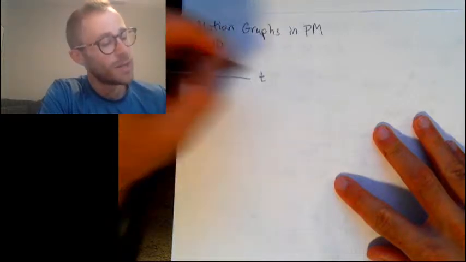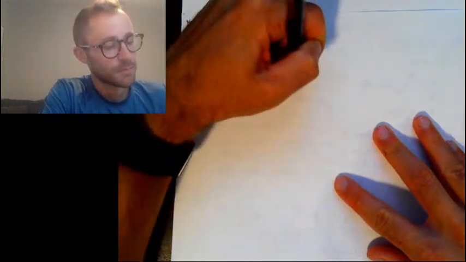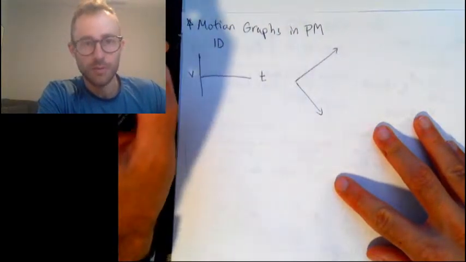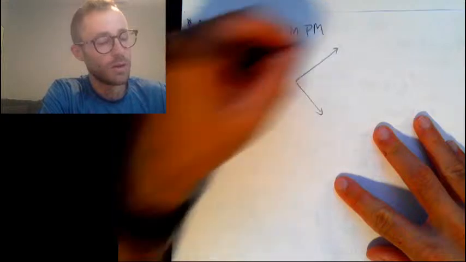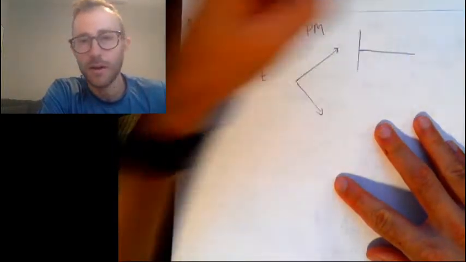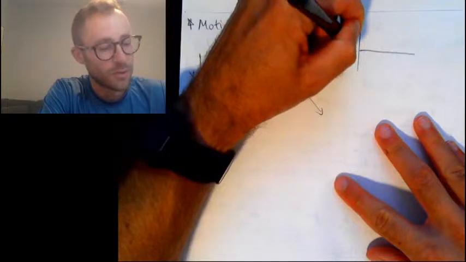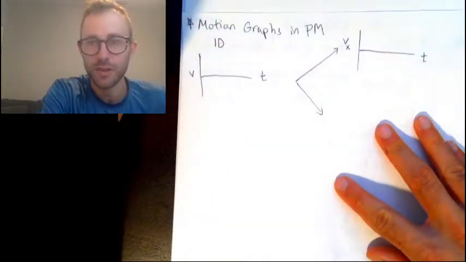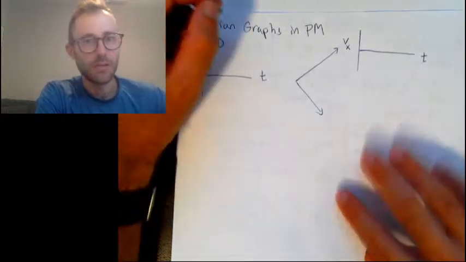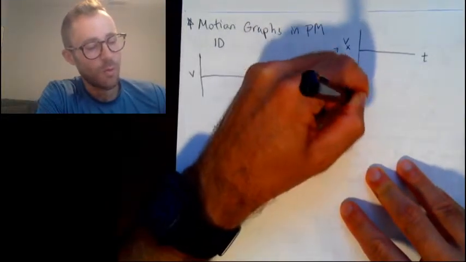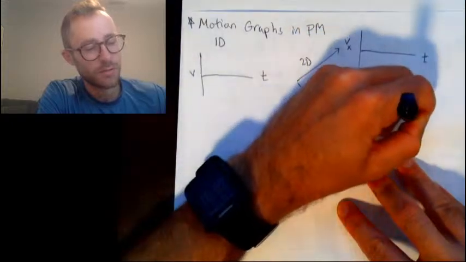For two-dimensional motion, we are going to have 2 velocity time graphs. One of the velocity time graphs is for the horizontal part of the velocity versus time, the x component versus time. And the other one is for the y component of the velocity versus time.